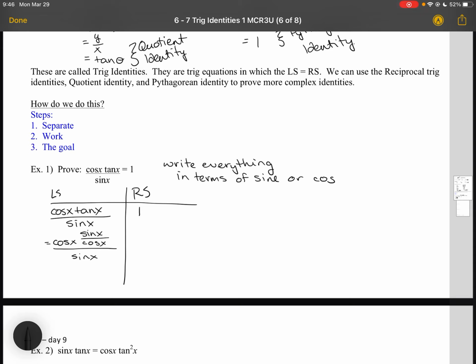Cos x multiplied by sine x over cos x is just sine x. Now I'm left with sine x over sine x, which just equals 1, which is equal to my right side. So then I've proven my identity. The left side equals the right side. Cos x tan x over sine x is equal to 1.